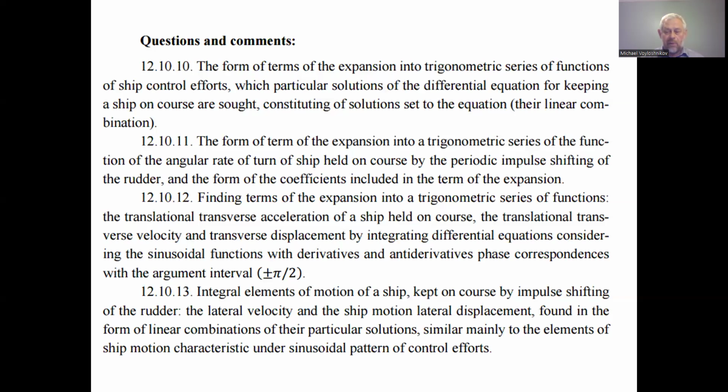So the differences between derivatives and antiderivatives of sine and cosine functions are just the phase correspondence of the argument and the scale factor of the function, when finding the derivative or antiderivative.